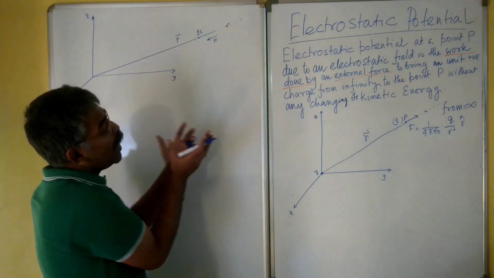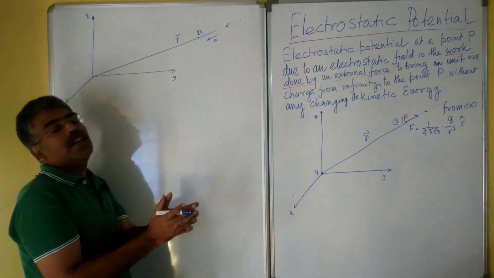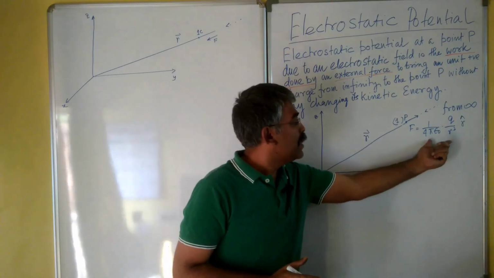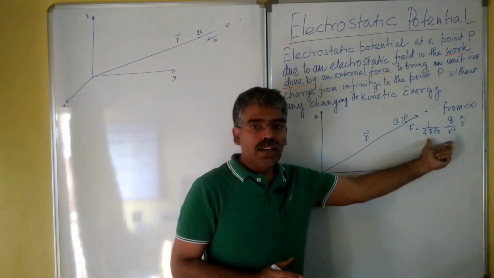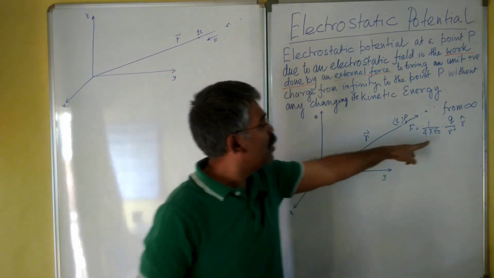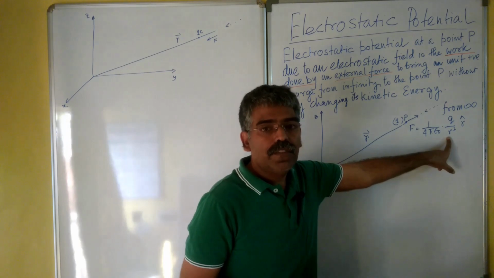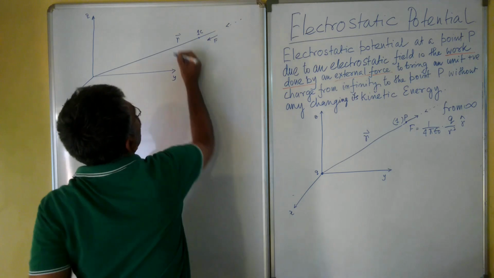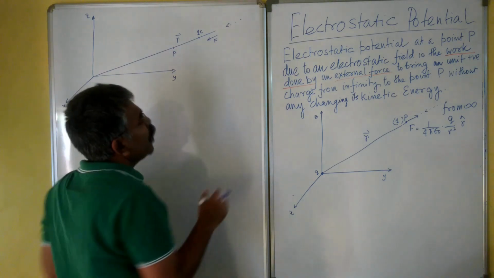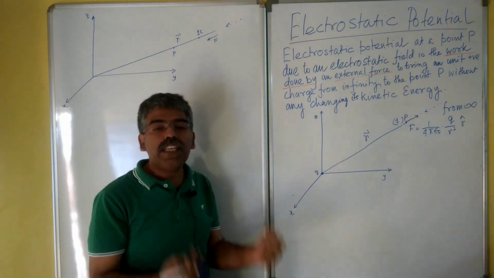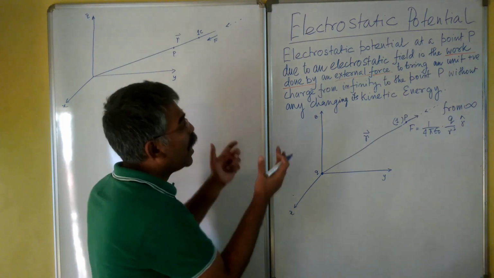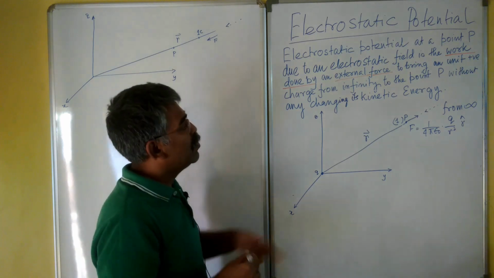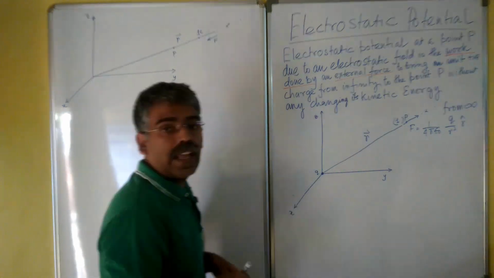And you have to give this amount of force. This force varies with r; at each point it changes, it is a function of r. So when you bring this charge from infinity to point P, you have to change your force at each point so that the kinetic energy of the charge does not change, without changing its kinetic energy.